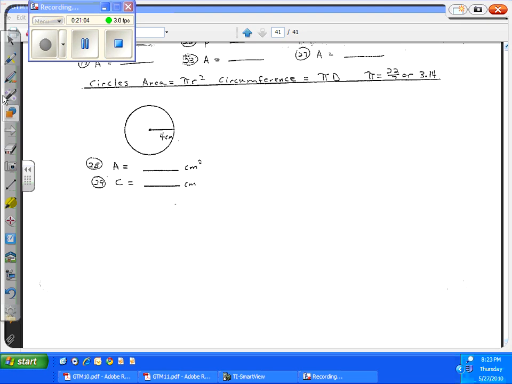We're going to get rid of our sector formulas because we don't need those for it. We want the area and circumference. The formula for area of a circle is pi times the radius squared. Pi is 3.14, so we have 3.14 times radius squared. The radius is half the distance across the circle, 4 centimeters.